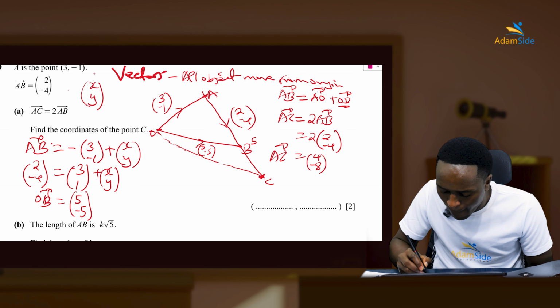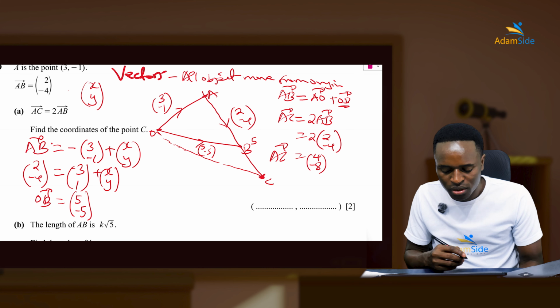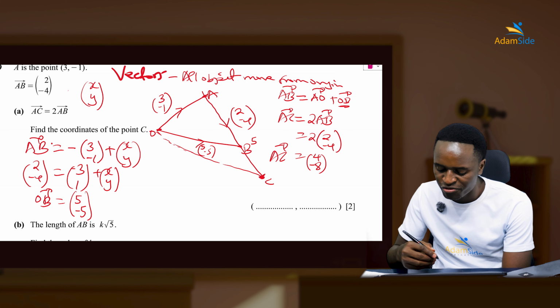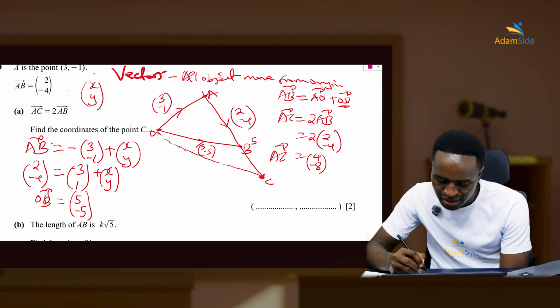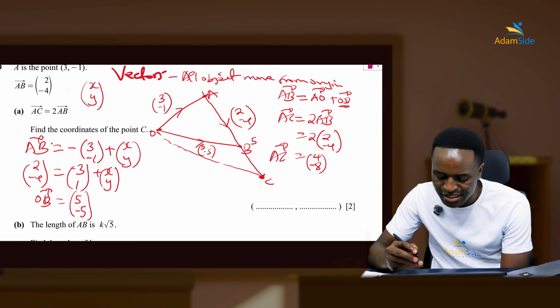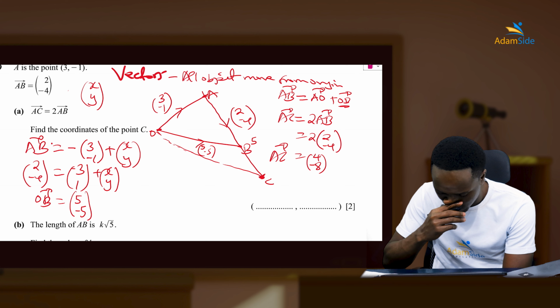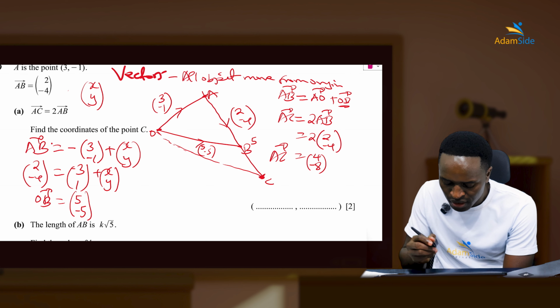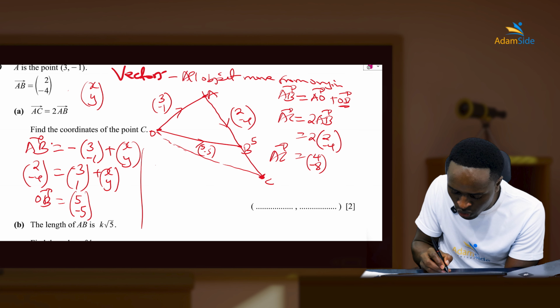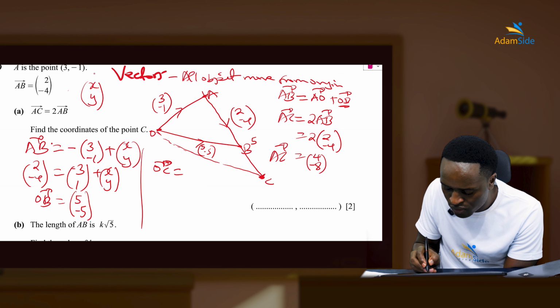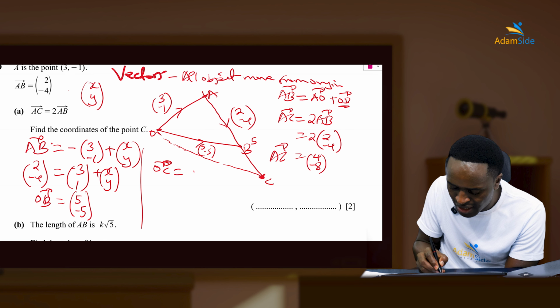Now we need to find point C. This is very simple. To get vector OC, it is the same as vector CA plus vector AO, as simple as it is.